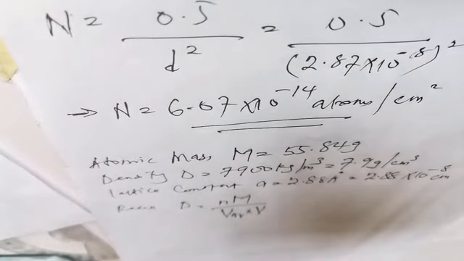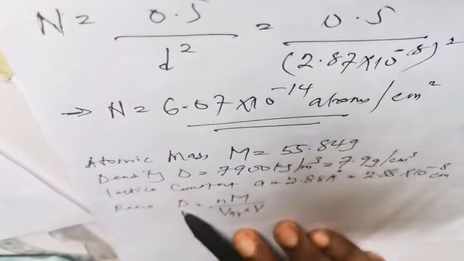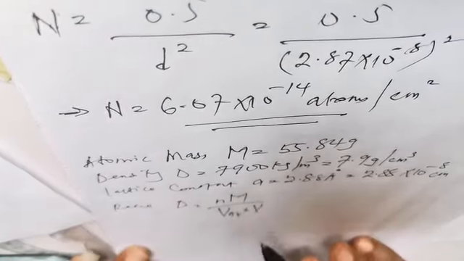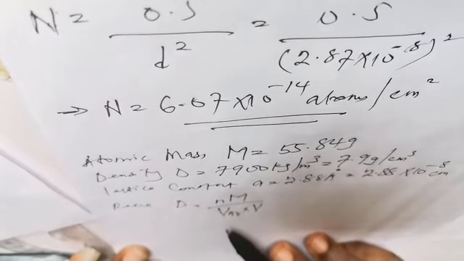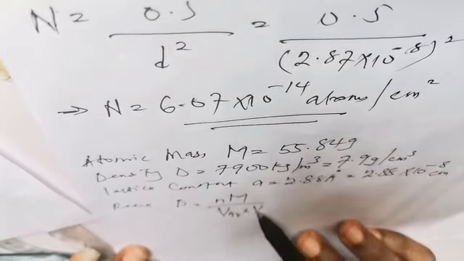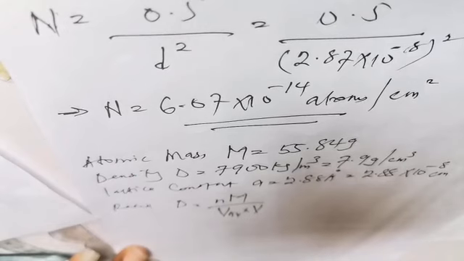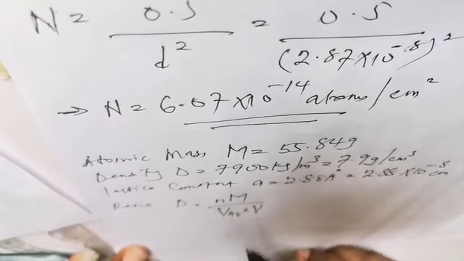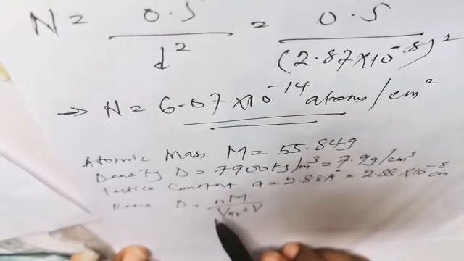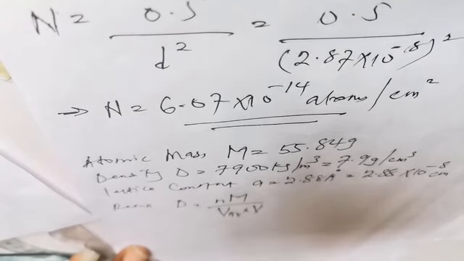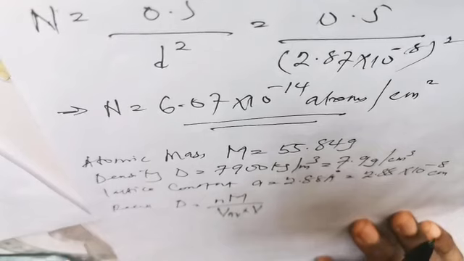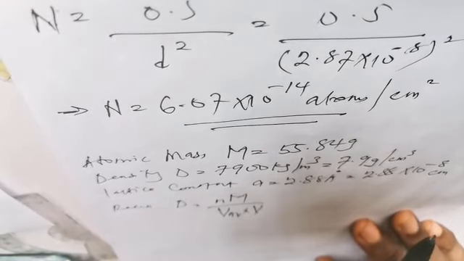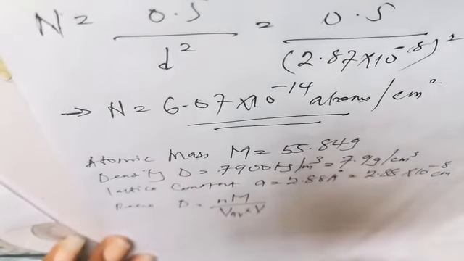So if we look through the given parameters, we're given density, we're given atomic weight, we know Avogadro's number is a constant value, and we are given lattice parameter so we can find the volume. So the only property we are not given here is the number of atoms. All we need to do is make number of atoms the subject of the formula, see how many atoms we can find, then compare that with the number of atoms in each of the cubic structures we are aware of.